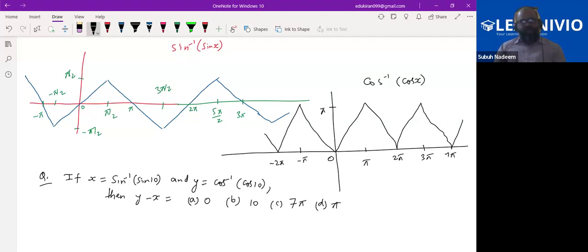So first write these graphs, make notes on them, and then try this question based on these graphs.